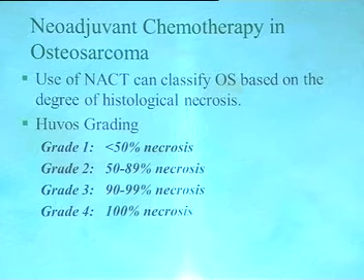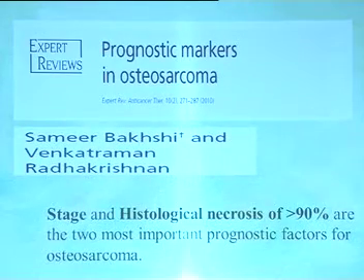I would also like to add here that malignant fibrous histiocytoma, which is treated like osteosarcoma, has a lower chance of having good necrosis, but has an outcome as good as osteosarcoma. We had published these prognostic factors in Expert Reviews just to highlight that histological necrosis is still one of the key factors.